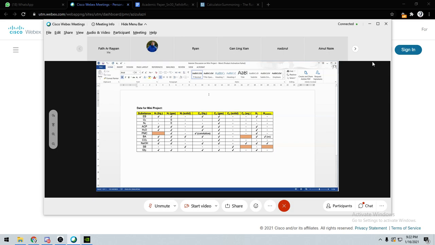Basically I have prepared this table containing all the substances or components in this project, with respect to the needed data. The ones that I tick are the data which I can find in the references, on the internet and everything.